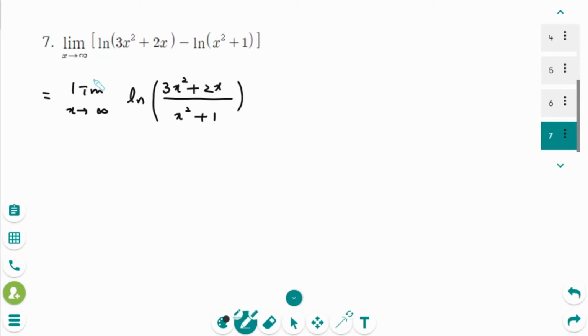While the initial question may look like an infinity minus infinity form, rewriting it shows the correct infinity over infinity form. So let's divide by x squared. So we can rewrite like this.